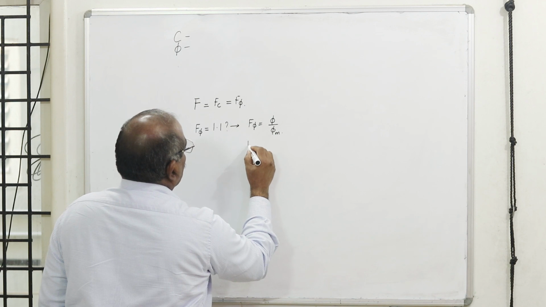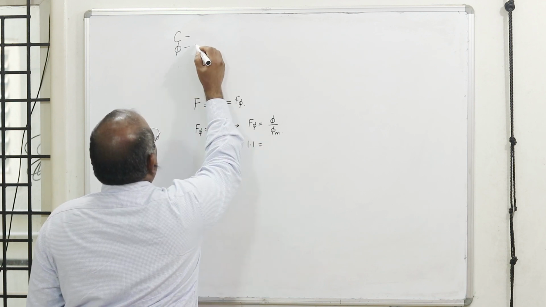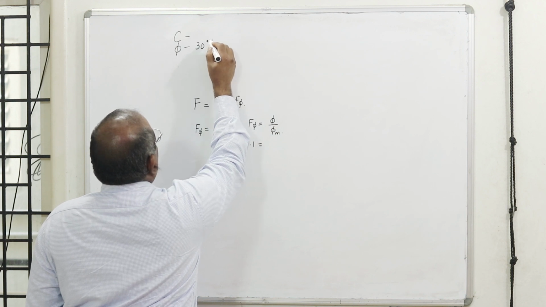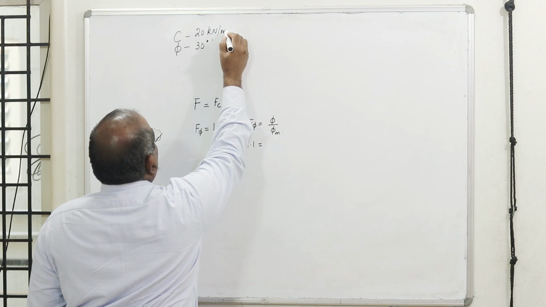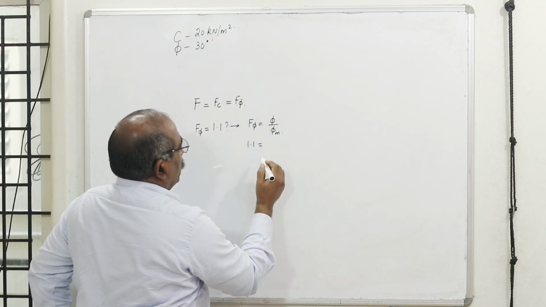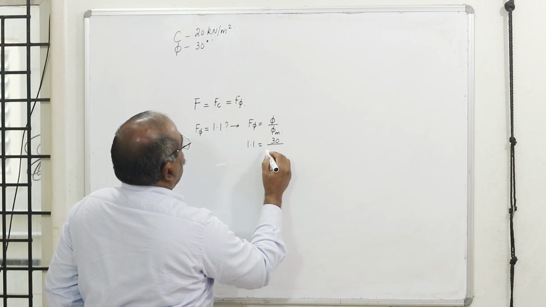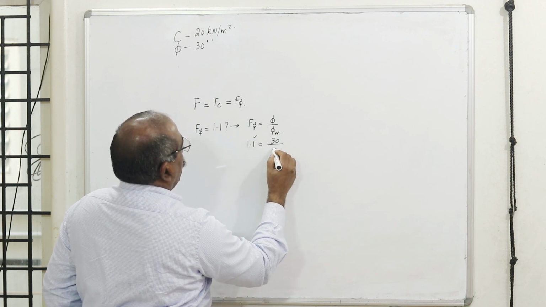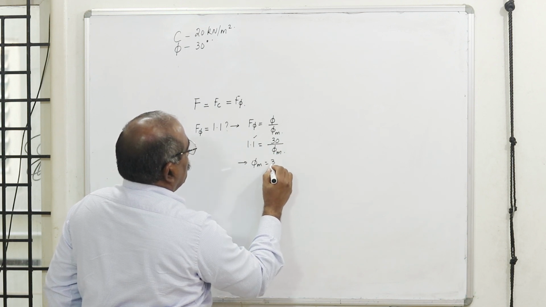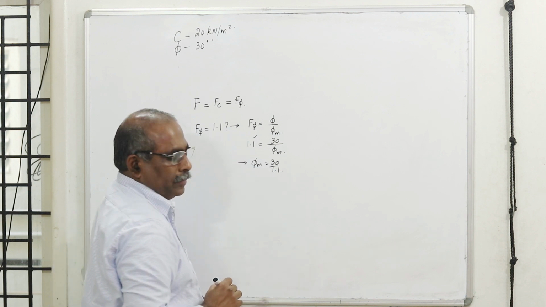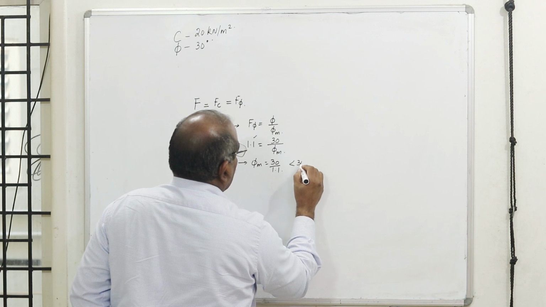I know, for example, that phi is 30 degrees for a given problem, and c is say 20 kilonewton per meter square. I take the factor of safety as 1.1. From this I get phi m equal to 30 divided by 1.1, which is definitely less than 30 degrees.